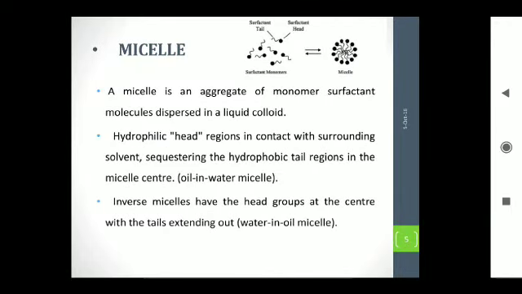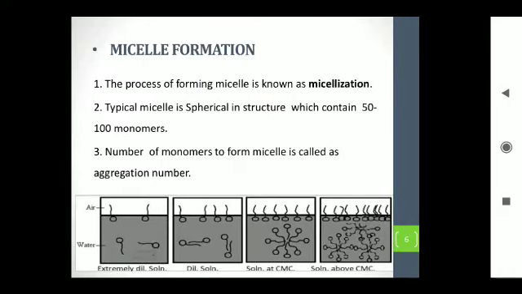A micelle is an aggregate of monomers, surfactant molecules dispersed in a liquid colloid. It contains two portions: the hydrophilic head portion and the hydrophobic tail regions in the micelle center. An inverse micelle has head groups at the center and tails extending outwards.